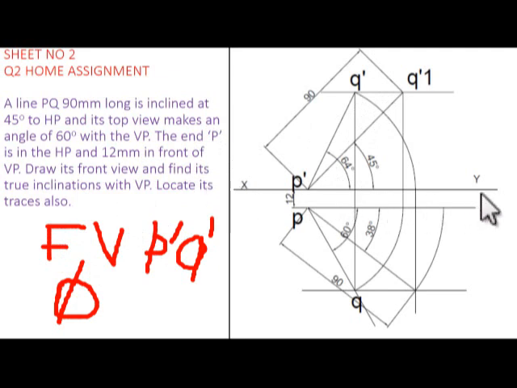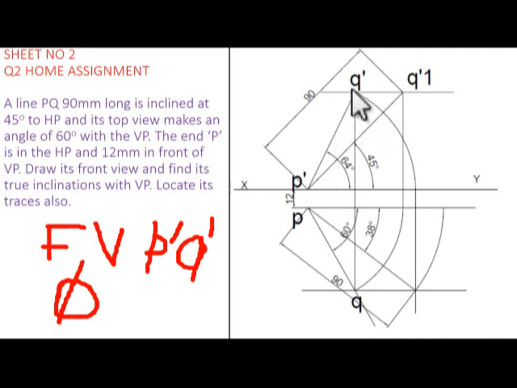Draw the XY line, draw the line PQ and the locus of Q. Then rotate this true length, true inclination, to get this Q point. Project it onto the locus of Q prime and join it with P prime, and you will get the alpha angle and the front view.